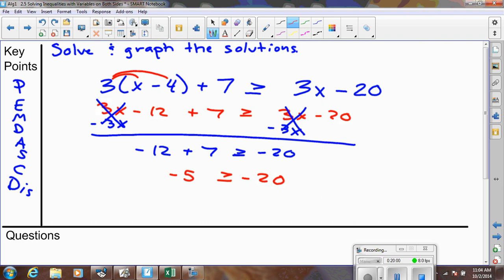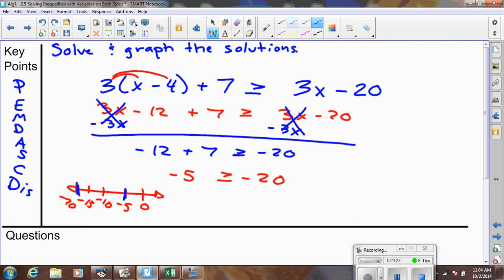Now think of a number line. Numbers that are greater than are farther left, so 0, I said that backwards. Less than is farther left, greater than is farther right. Because -5 is farther to the right than -20, it is greater than. And this is a piece that actually is true.